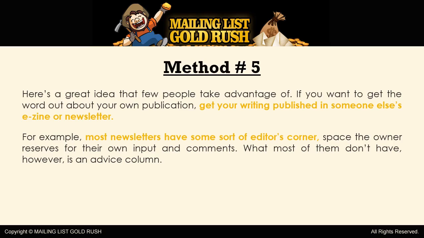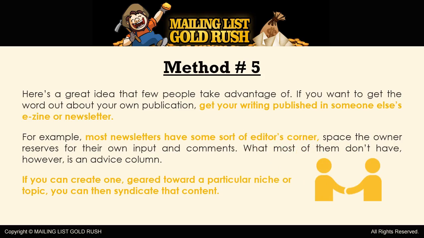What most of them don't have, however, is an advice column. If you can create one geared toward a particular niche or topic, you can then syndicate that content. Just contact other publications and give them a sample of the type of column you'll supply weekly, bi-weekly, or monthly, whatever terms you and the other publisher agree on.